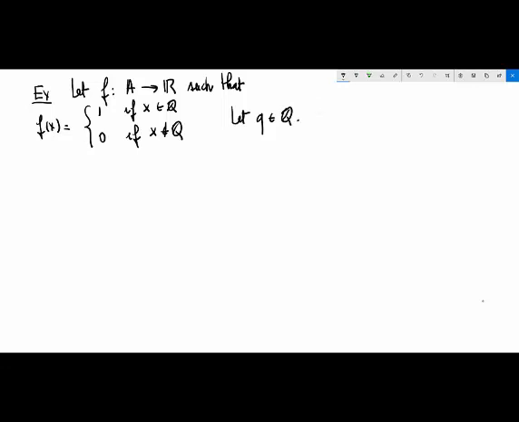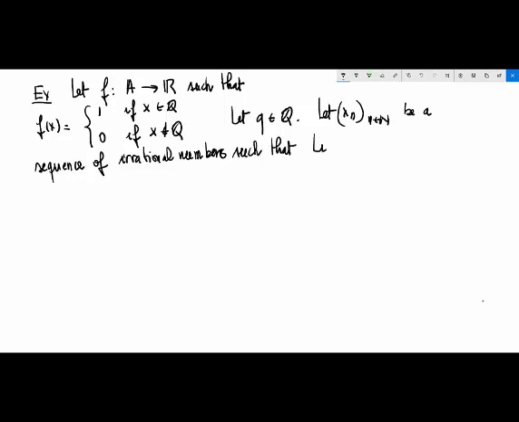Next, let xn be a sequence of irrational numbers such that the limit of xn as n is approaching infinity is equal to q.